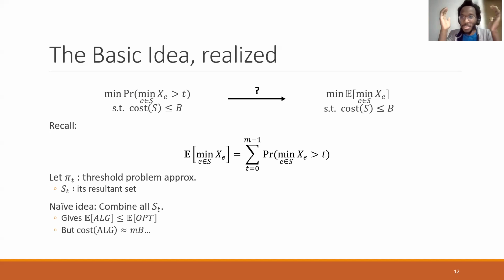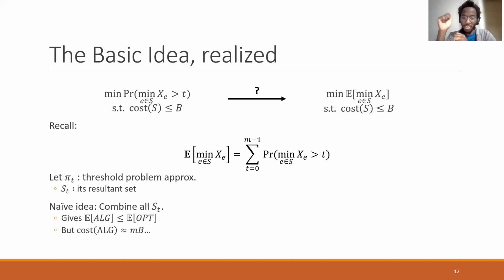So just the most basic, most naive idea that one could do is just say, okay, let's just run all of these pi sub t's and combine all of the S of t's, and that's going to be definitely better than the expected optimum.